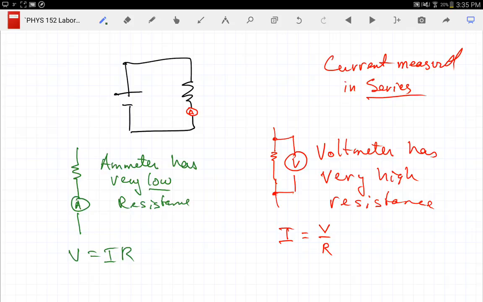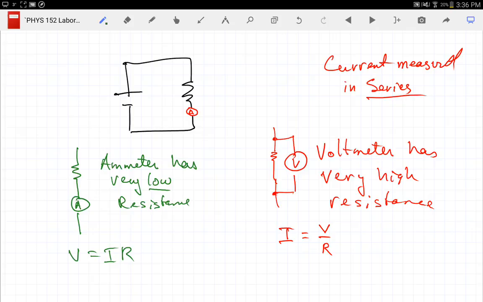Using Ohm's law, if the voltage is high and the resistance is low, what is the current? Super high. And so you can easily go past the 1 amp of our ammeters or the 15 amps that the building supplies and cause faults. So you have to be careful with ammeters or you will destroy them or other things.